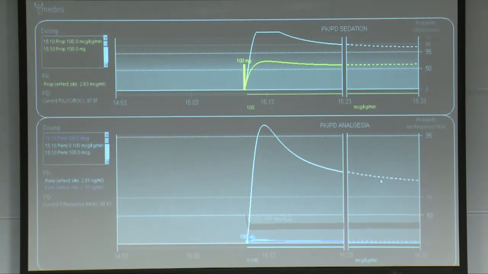And then now the concentrations are headed down to where at the end of the procedure, the probability of response to postoperative pain as measured by the algometry surface is shown here with 50 and 95% probability of not responding to postoperative pain. So the anesthesiologist can control the future of the system using the NAVAgator display.